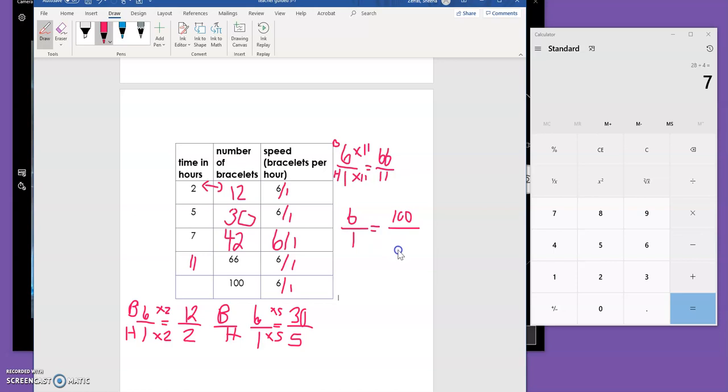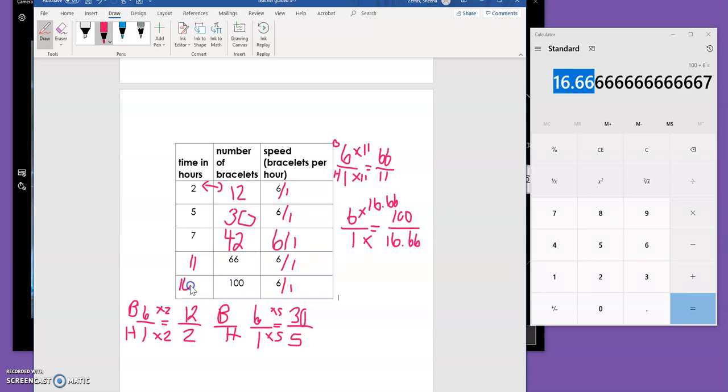So on my calculator, if I'm trying to figure out 6 times what will give me 100, I can actually do 100 divided by 6. And when we're talking decimals, remember we're only going 2 decimal places. So I am multiplying by 16.66, and so I'm going to get 16.66.